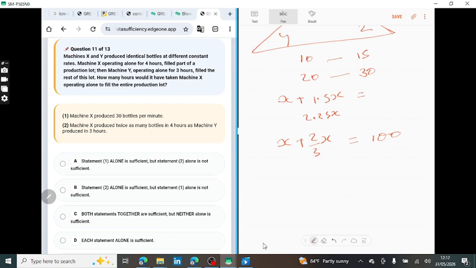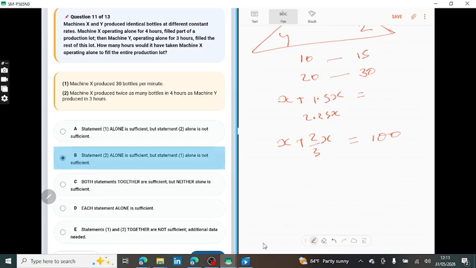Machine S produced twice as many, so we know the rate. Remember in the previous example, Beth and Claire, because we know S and 1.5S, so we can find it. Statement 2 is sufficient.